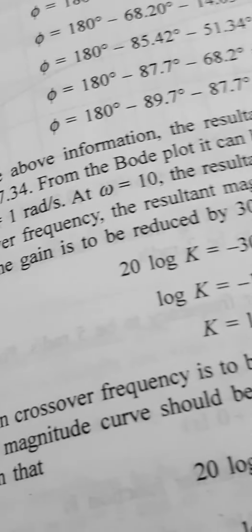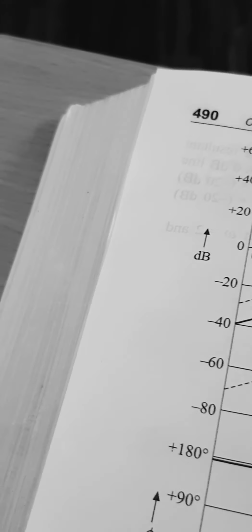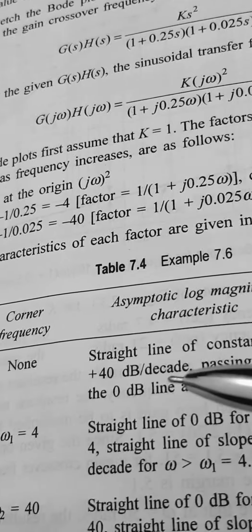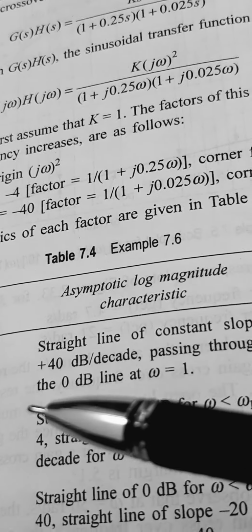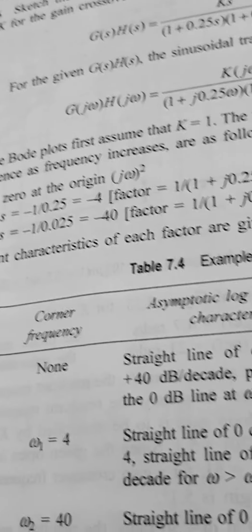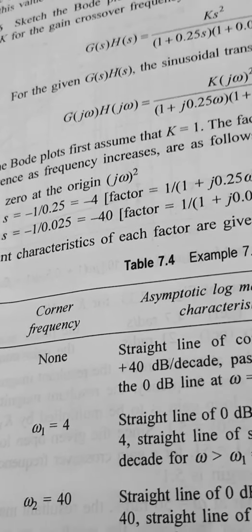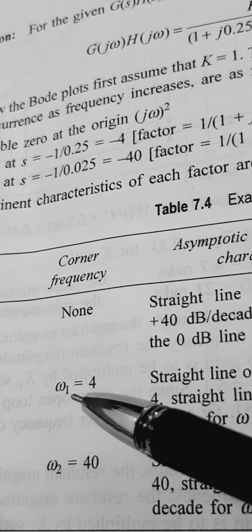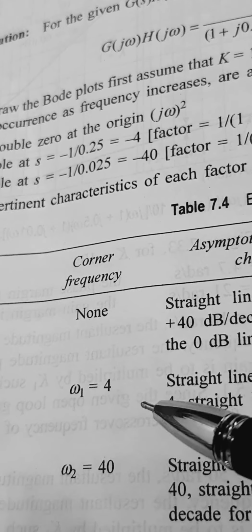Now, when you are drawing, considering omega equal to 1, the first one is (j omega) square. It has a straight line of constant slope plus 40 dB. This effect alone you can see till the corner frequency omega 1 equal to 4.